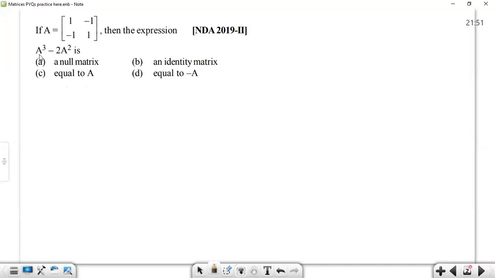Now we have to find the value of the expression A cube minus 2A square. So we need to find A cube and A square. First we'll find A square, and then we'll multiply A square with A to find the cube. Okay, simple. So A squared, writing the matrix twice.